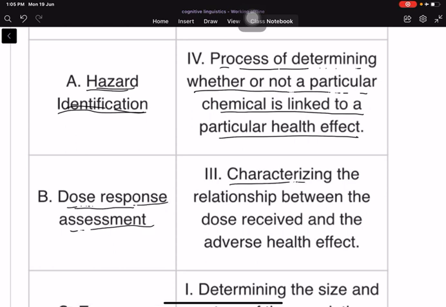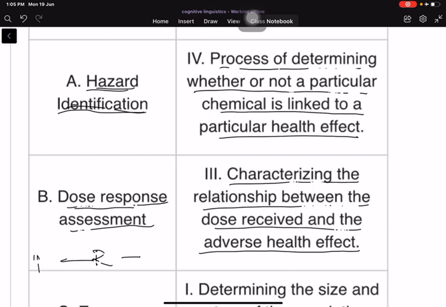Dose response assessment: characterizing the relationship between the dose received and the adverse health effect. Relationship between the dose and the adverse health effect is dose response assessment.